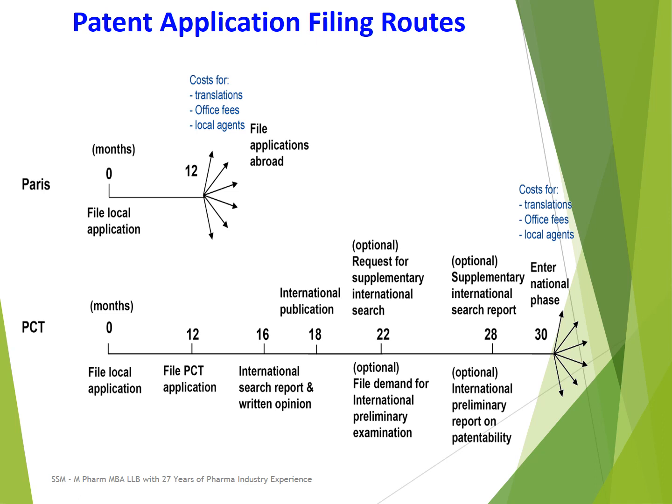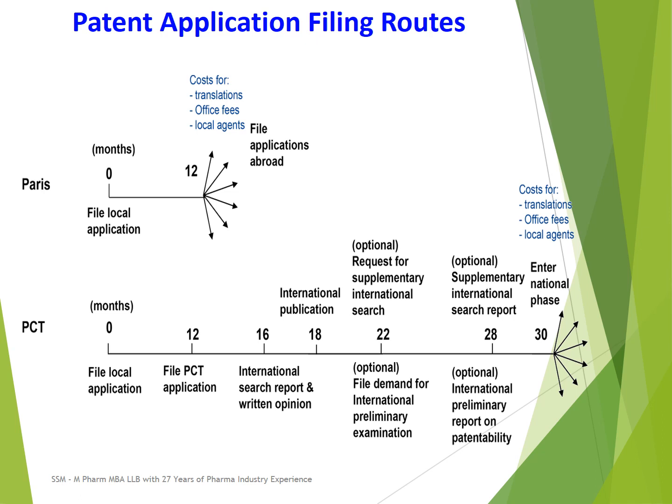there are certain costs associated, like translation cost. When you file an application abroad, you have to translate your application into the local language of that country. So that is associated with a cost. Then again you will incur the local filing fee, and you have to file your application through a local agent.